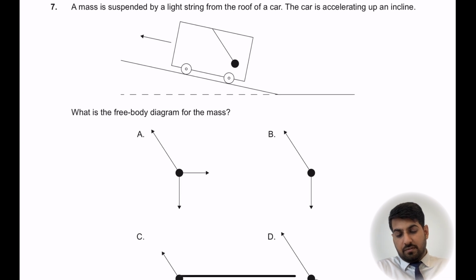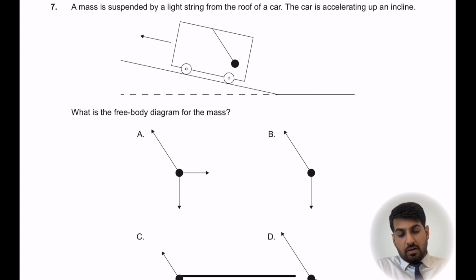Now question number 7. Now this is a very good question, guys. When we are drawing a free body diagram, we don't draw centripetal force, we don't draw centrifugal force. Centrifugal is an imaginary force, it is not a type of force.